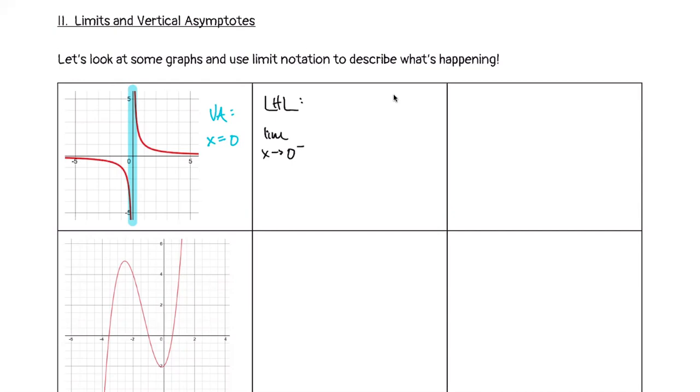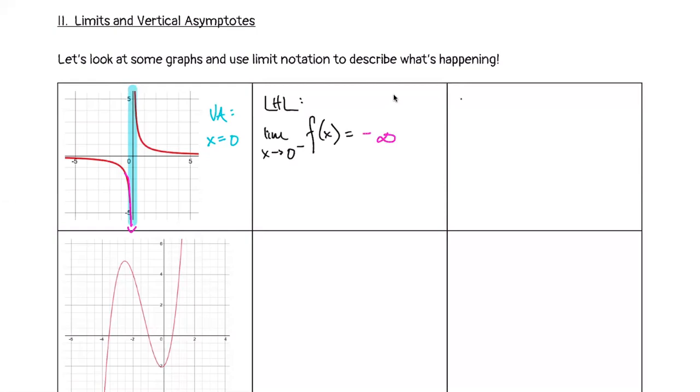So the limit as x approaches 0 from the left of our function equals. Now, as we get closer to the left side of this vertical asymptote, what does the y value of the function get really close to? Yes, negative infinity. If we look here, we can see that this graph goes down, and so the y value it's getting close to is negative infinity.